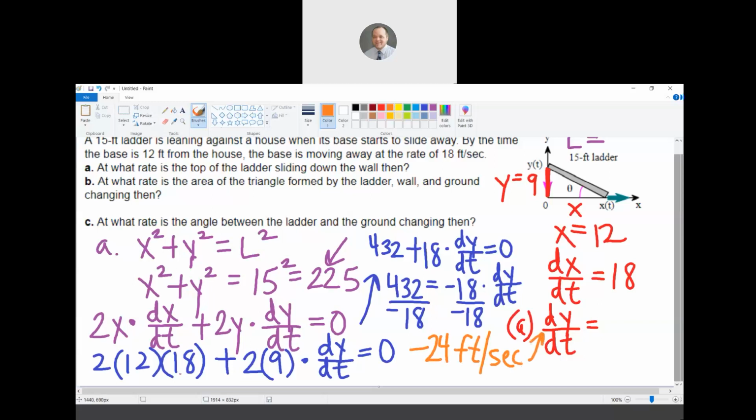And that makes sense because our ladder is sliding down. And in most cases, sliding down means you should have a negative rate or velocity. And remember, back in physics, you can't have a negative speed, but you can have a negative velocity or rate.